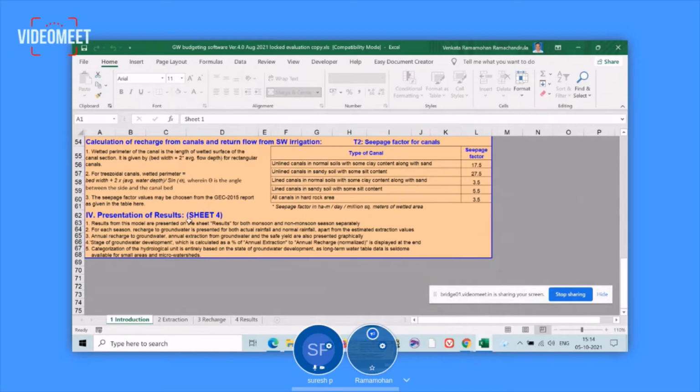Finally, there is a presentation of results sheet. That means sheet number four, and it says that categorization of hydrological unit is entirely based on the stage of groundwater development, as long-term water table data is seldom available.